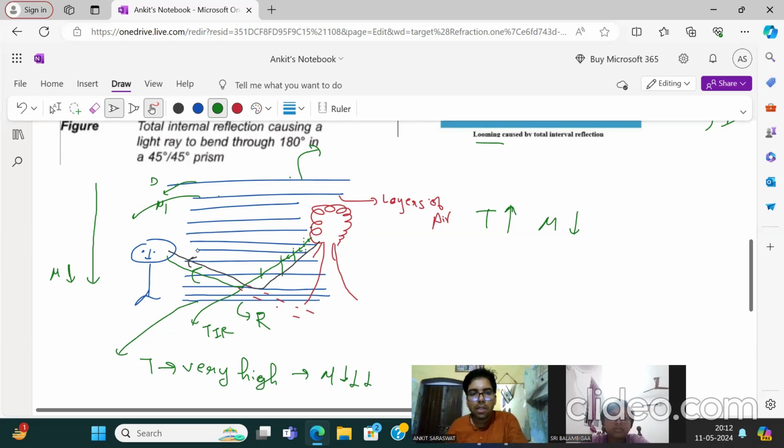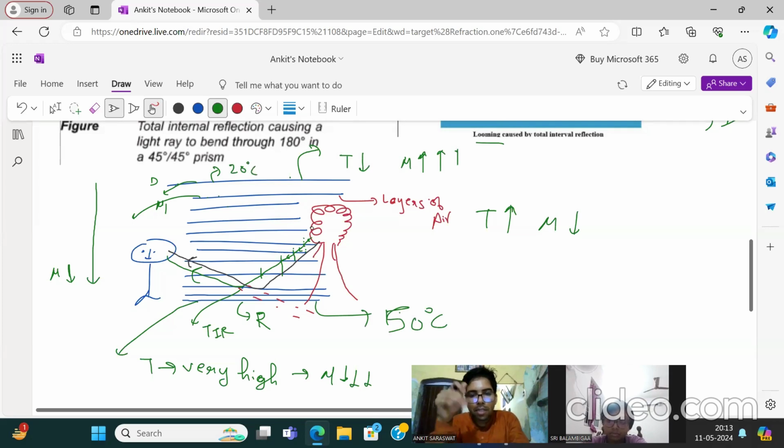Here the temperature is very less, because on moving above, the temperature goes down. This is the atmospheric air layer. Its temperature is less as compared to the bottommost layer, so here mu is very, very high. In between, the temperature will vary. For example, here it is 50 degrees Celsius, and here it is 20 degrees Celsius.